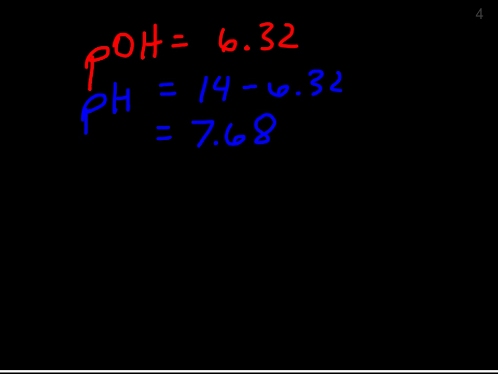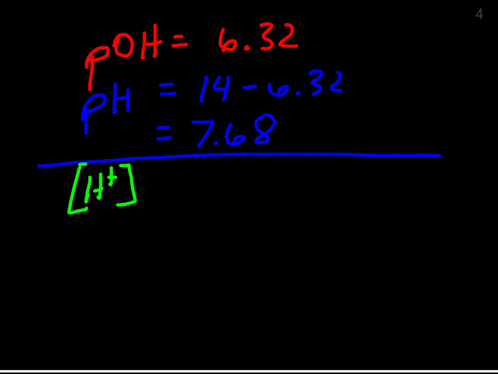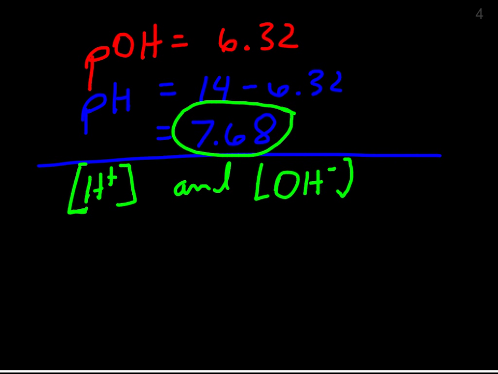Alright? Now, if I want to figure out what the hydrogen ion concentration is and what the hydroxide ion concentration is, the easiest way to do that for the hydrogen ion is to take the pH. So the hydrogen ion concentration is going to equal 10 raised to the negative, and you have to remember to put that negative, 7.68.